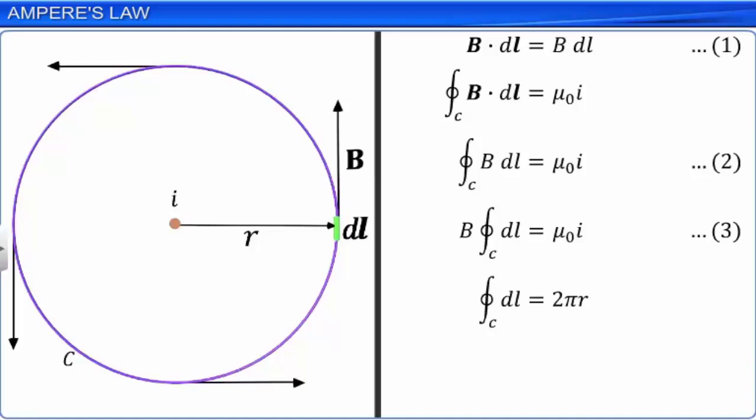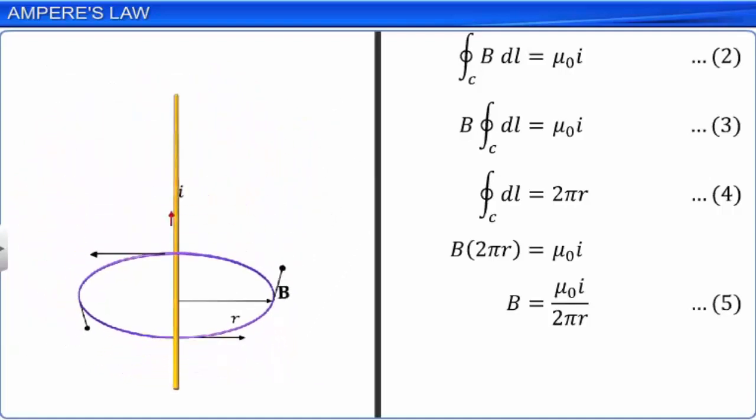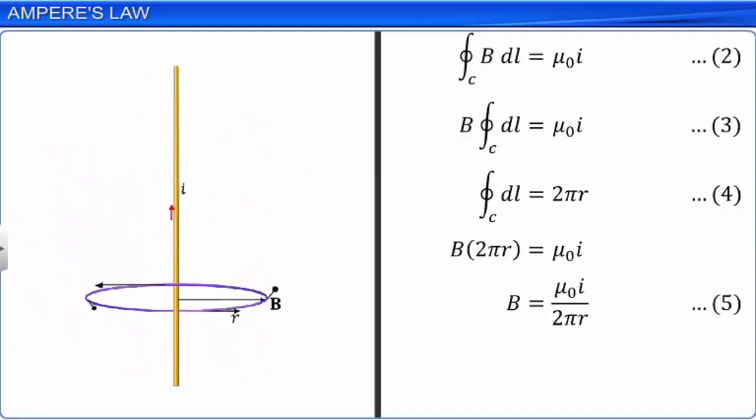Substituting equation 4 in equation 3, we get B into 2 pi r is equal to mu naught I. Then, B is equal to mu naught I by 2 pi r. Let this be equation 5. Thus, the magnetic induction at a distance r from the infinite straight current carrying conductor, B is equal to mu naught I by 2 pi r.